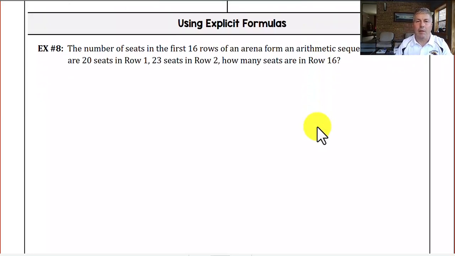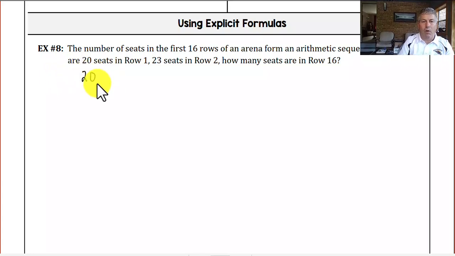This one's a little more complicated word problem. The number of seats in the first 16 rows of an arena form an arithmetic sequence. If there are 20 seats in the first row, 23 seats in row 2, how many seats are there in row 16? So I don't want to write this all out, but our first term is 20, right?